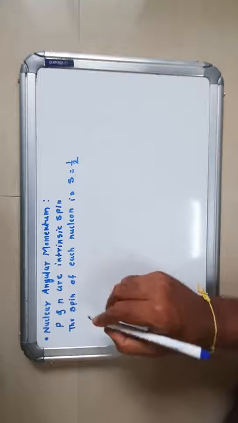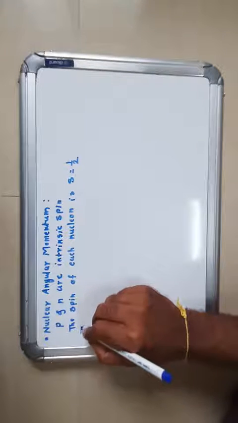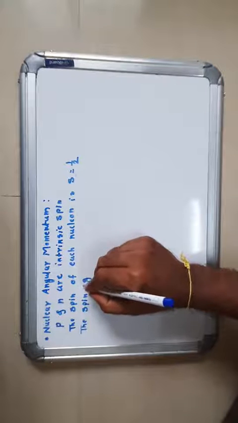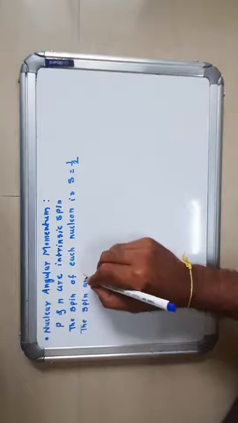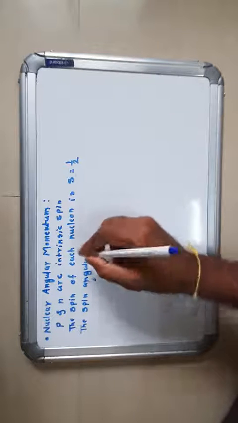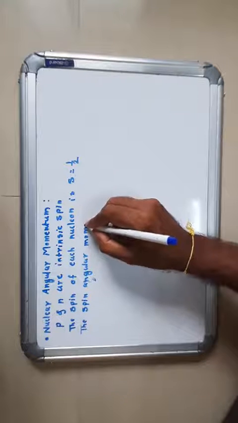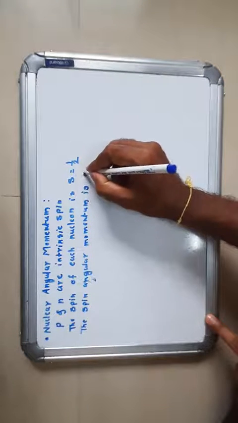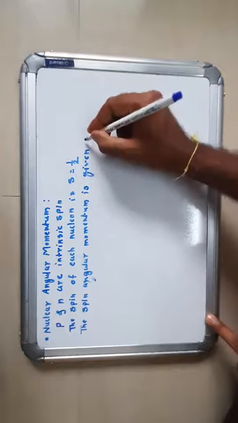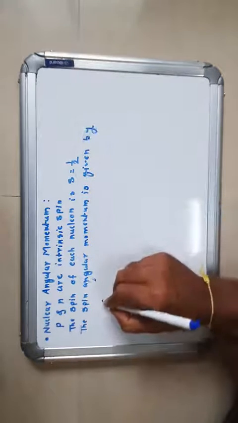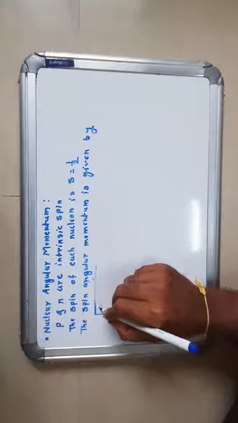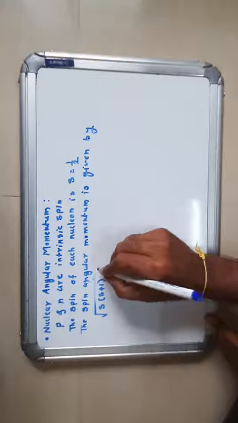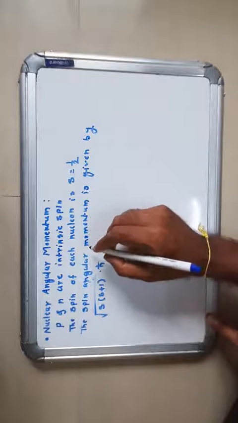The spin angular momentum is given by under root S into S plus 1 into h cross.